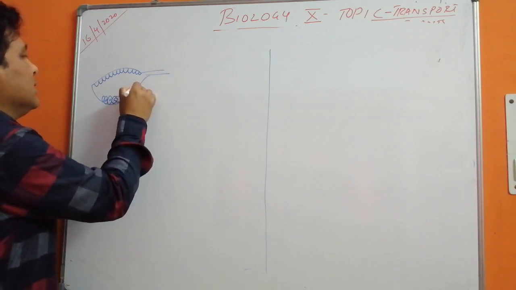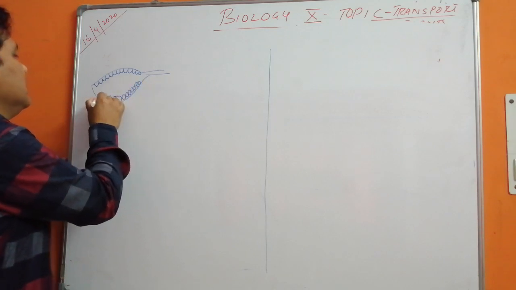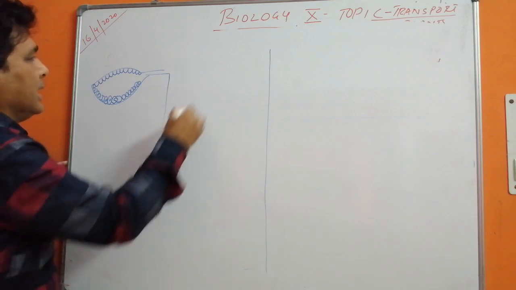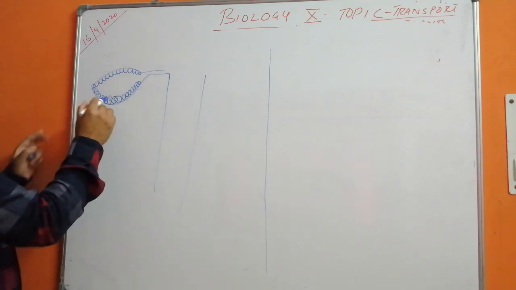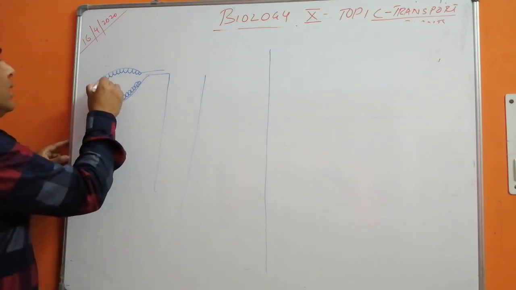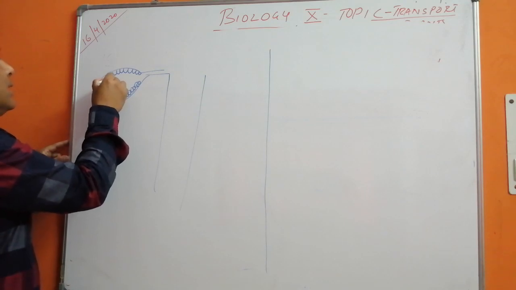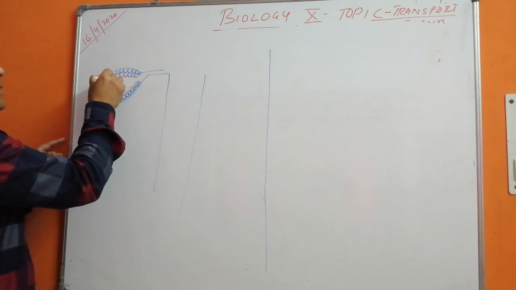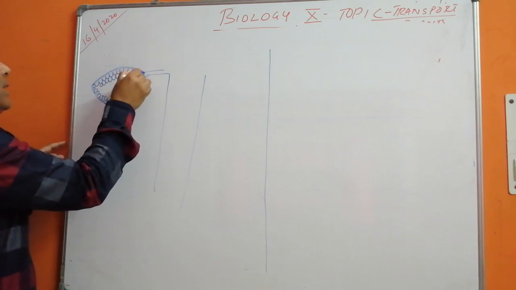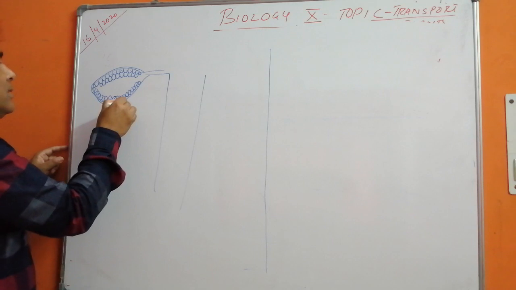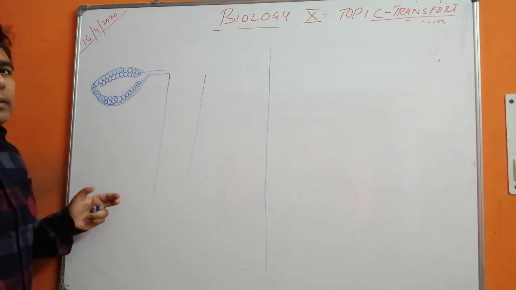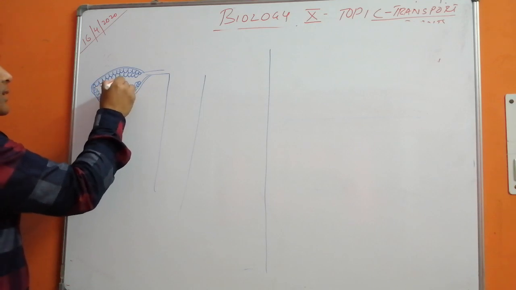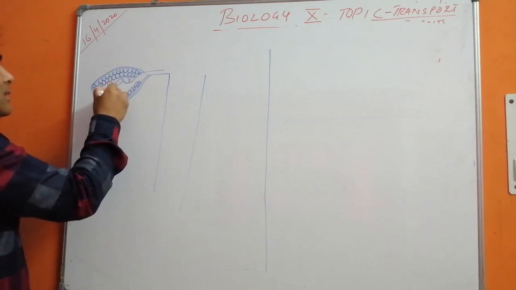Now this is what we are talking about. This is a leaf diagram. I have drawn a diagram here to show you the cross section. Now these are the cells. There is a cuticle layer outside. It is a waxy layer made up of cutin that prevents desiccation. Then, children, these are the cells.